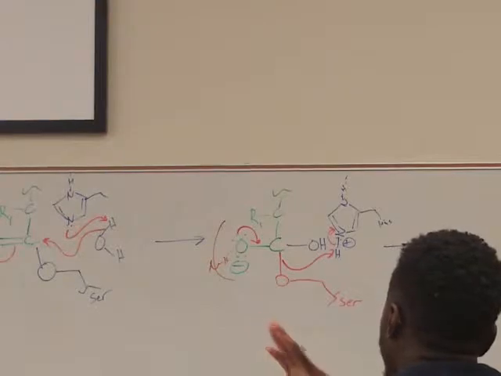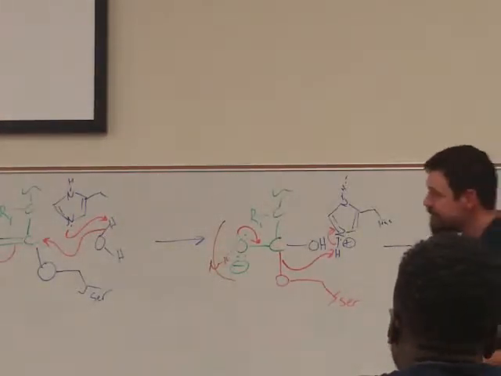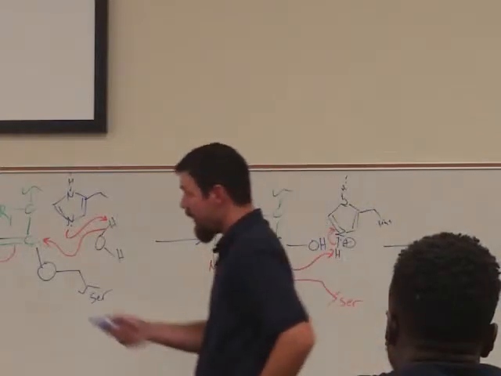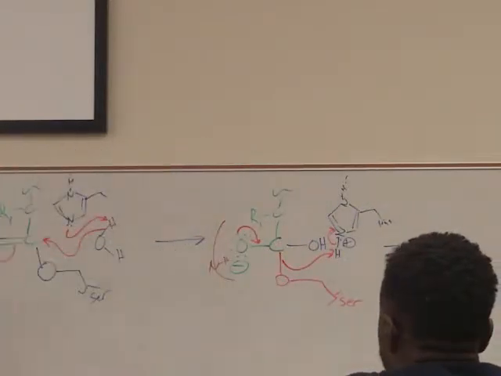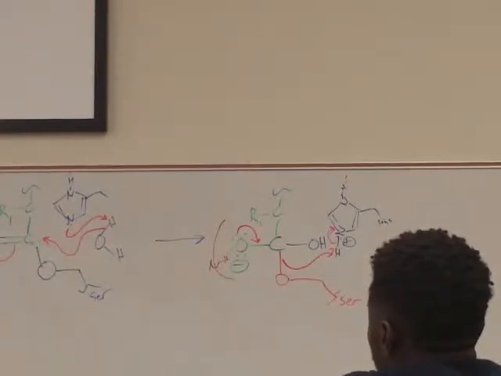If you could modify the binding pocket, you could change its specificity. For instance, trypsin normally has a negatively charged aspartate in the bottom of its binding pocket.